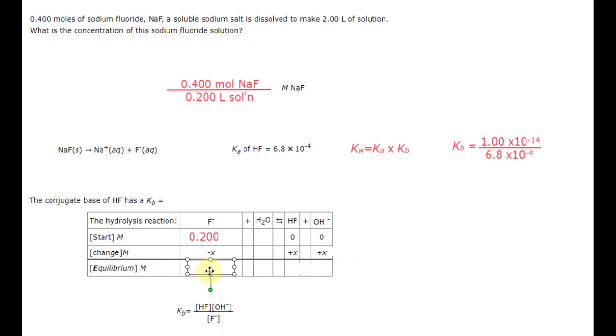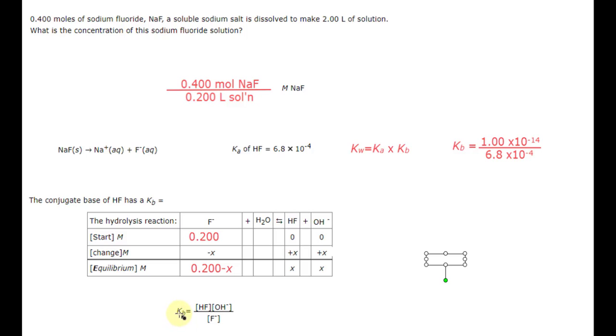So at equilibrium, when things are all finished, this 0.2 can be diminished by how much fluoride turns into HF and OH minus, and our HF and OH minus are going to be here as our x's.